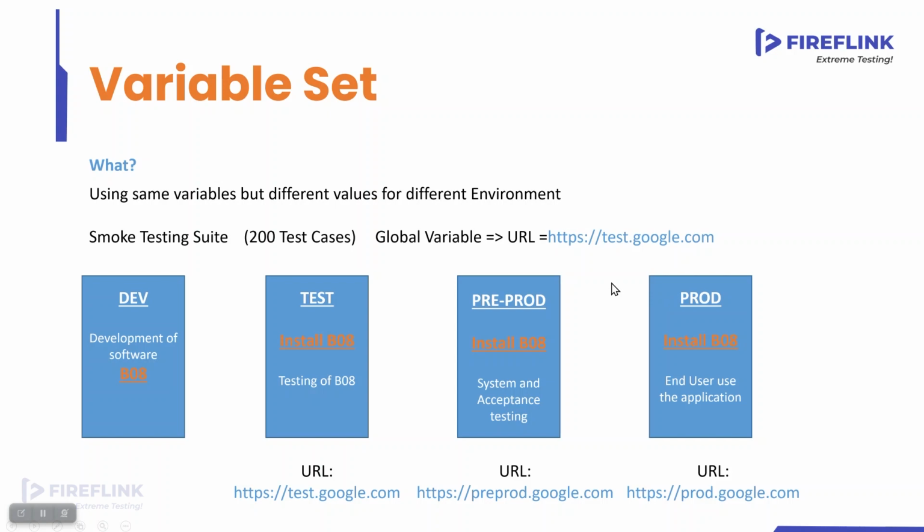Can I change the 20 data for each and every environment when I want to run this smoke testing suite? If I want to run this in pre-prod, how many data do I have to change? 20 data. If I want to run this suite in production, again I have to change 20 data. So this is a time consuming process. How do we overcome this scenario?